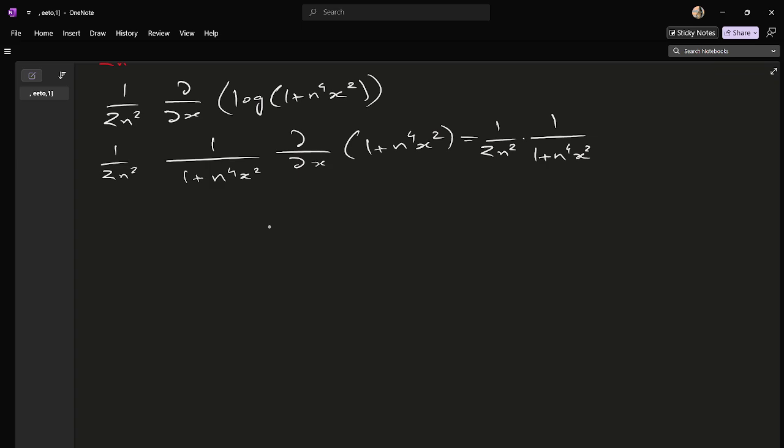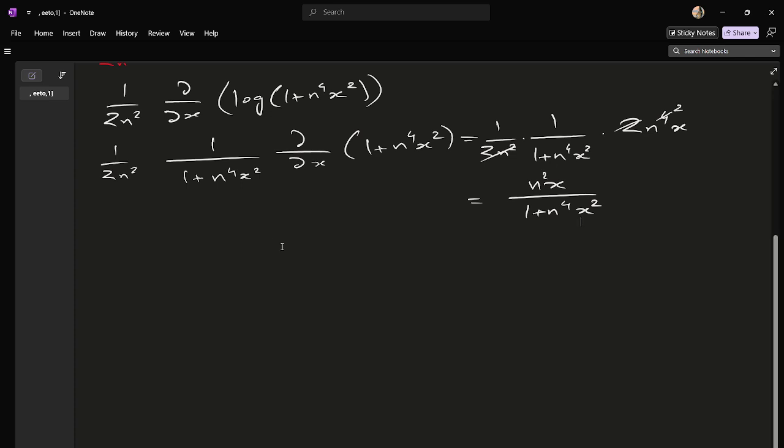It will be 2n to the power of x. Then the 2n square and 2 will cancel out. So this is my result.